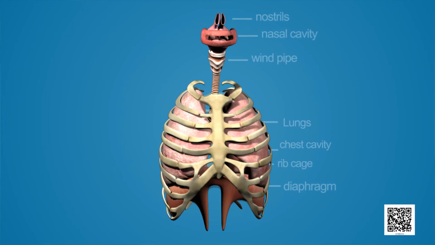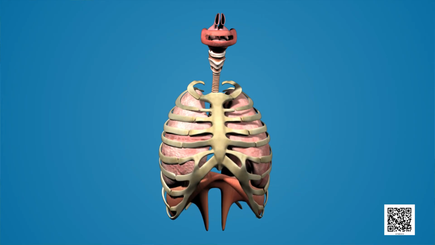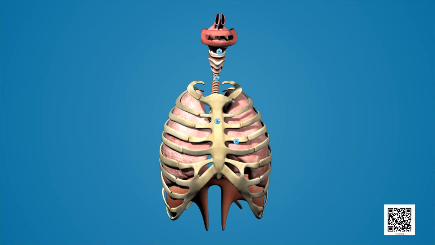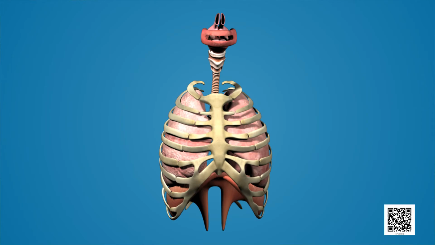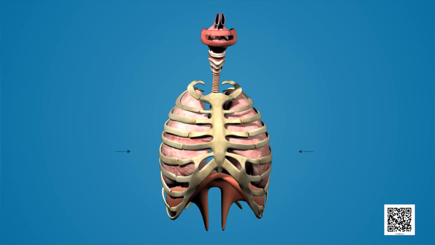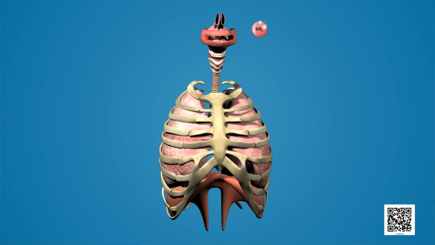During exhalation, ribs move down and inwards, while diaphragm moves up to its former position. This reduces the size of the chest cavity and air is pushed out of the lungs. These movements can be felt easily in our body.